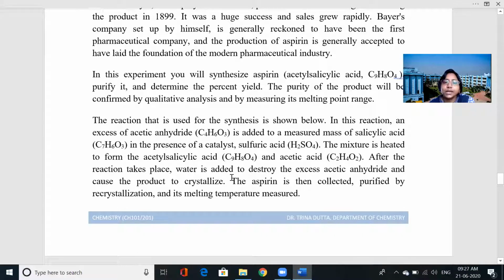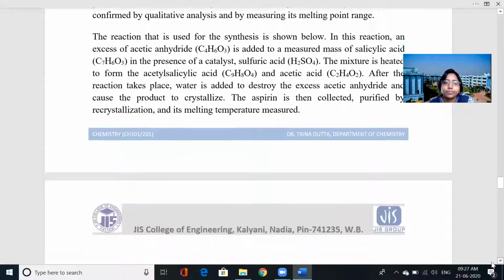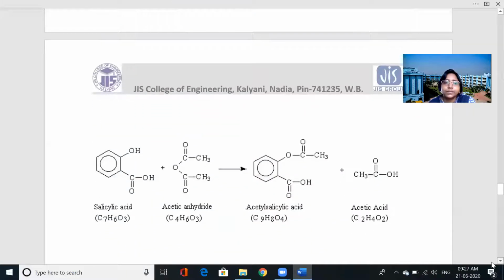After the reaction, water is added to destroy the excess acetic anhydride and cause the product to crystallize. The aspirin is then collected, purified by recrystallization, and its melting temperature measured. So this is the reaction, how aspirin is synthesized.